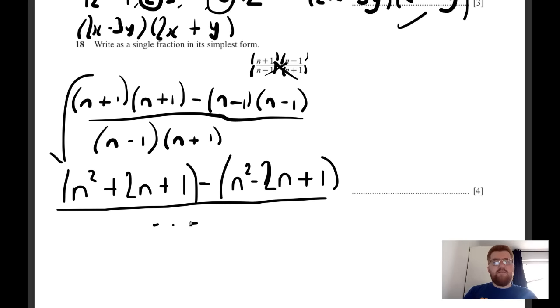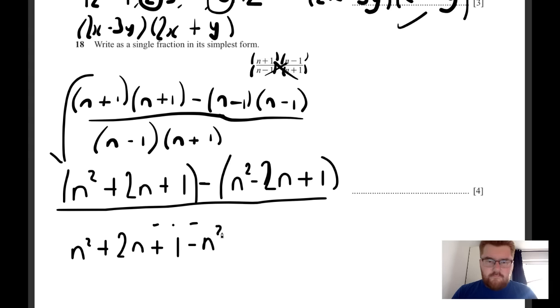Now this is where we have to be very careful, because this minus is going to switch all these signs to its opposite. So what we get is n squared plus 2n plus 1. That stays the same. Now we get minus n squared, minus 2n is plus 2n.